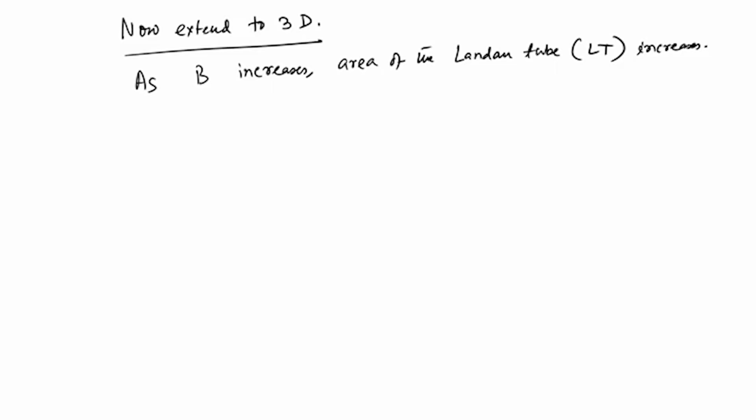Now, it is very important to realize that for some particular value of the field, the cross section becomes so large that it breaks away from the Fermi surface. Okay. Why this breaking away from the Fermi surface happens is the following: as you keep increasing B, the corresponding energy becomes larger than the Fermi energy.